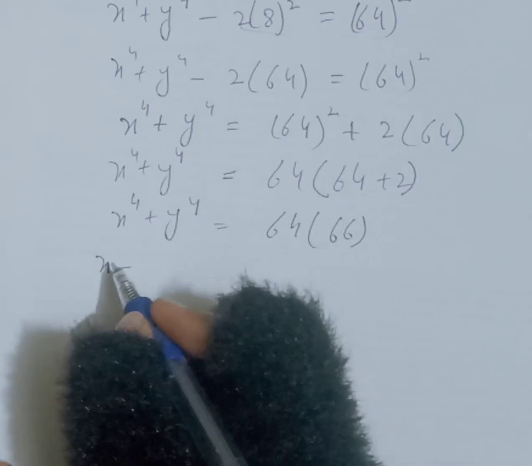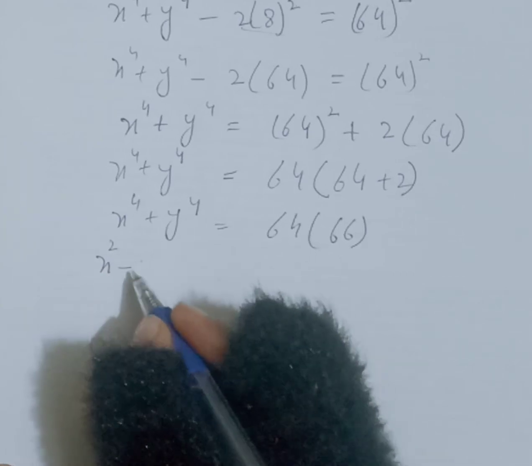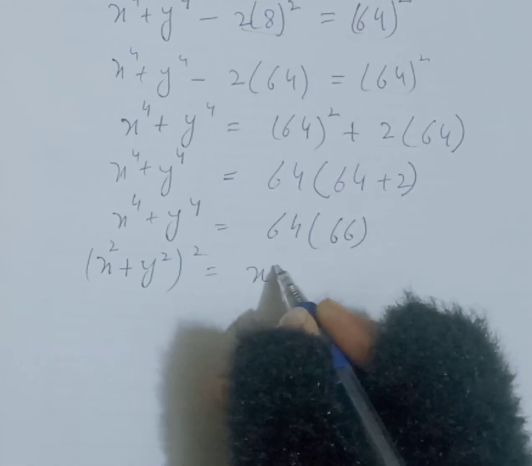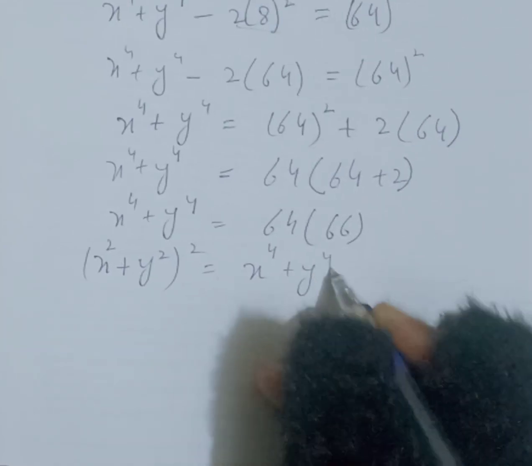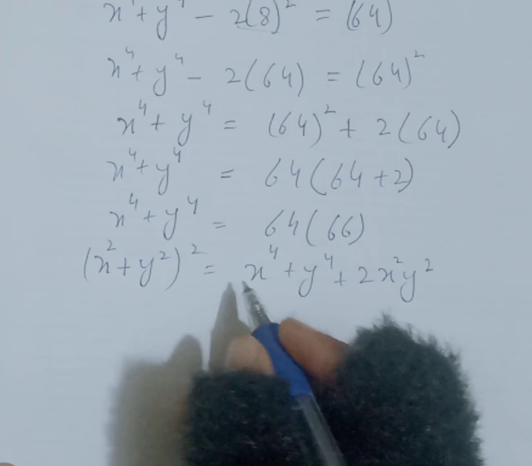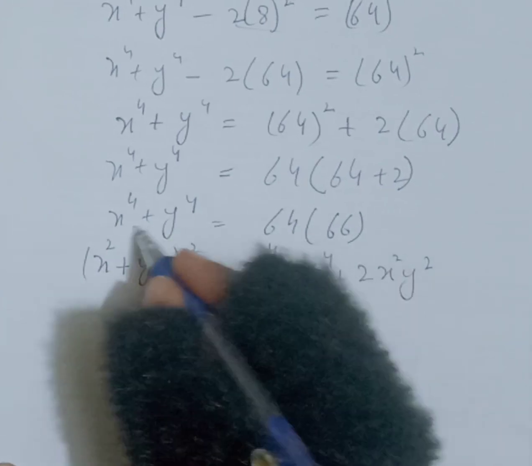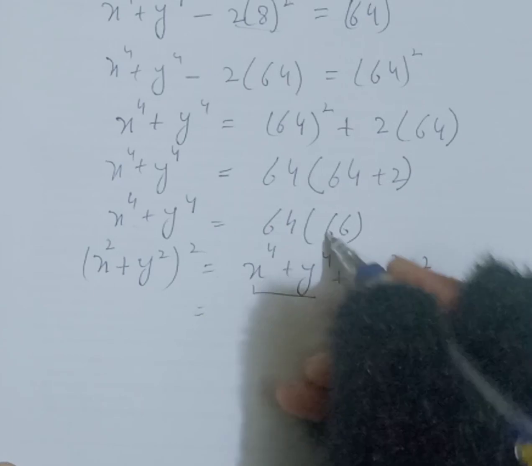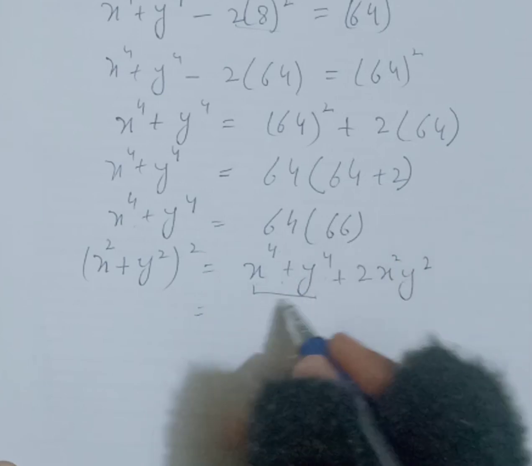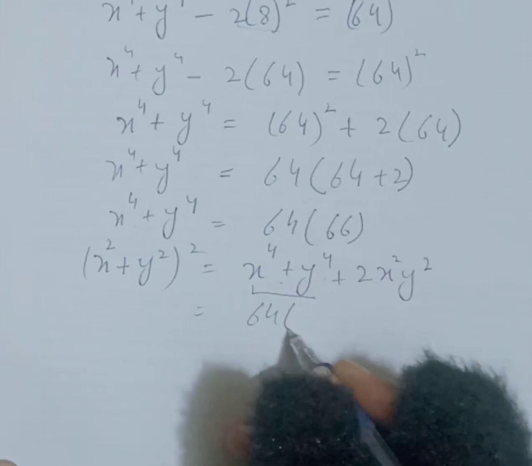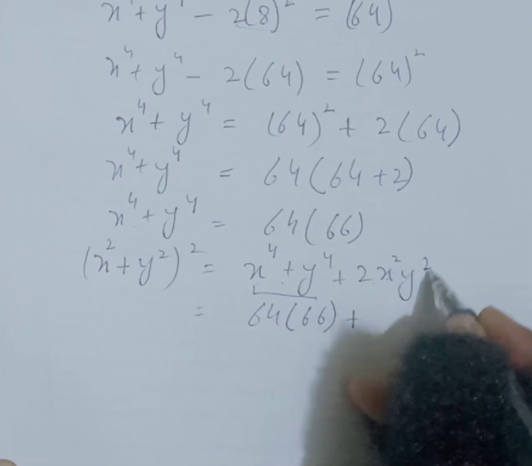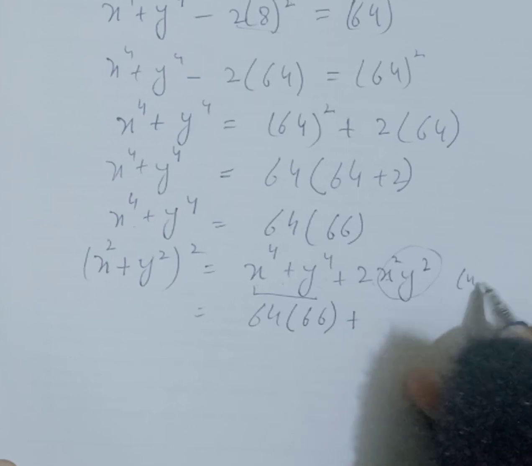So as you know, x square plus y square whole square is equal to x raised to the power 4 plus y raised to the power 4 plus 2 times of x square and y square, and this is equal to 64 multiply 66, so we replace x^4 plus y^4 by 64 multiply 66, plus this is 2 times x square y square, so we write this as 2 times of xy whole square.